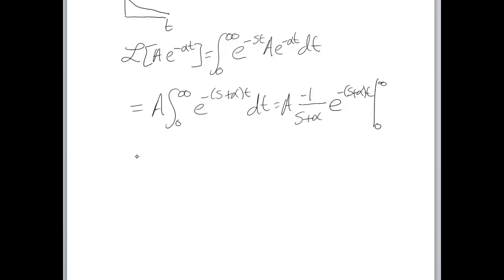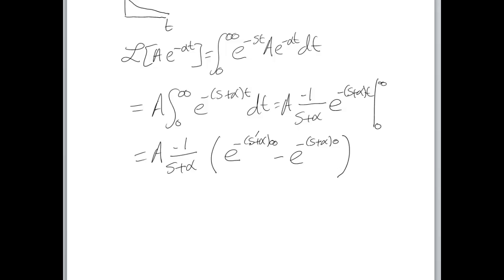Now let's evaluate this term. So we have a times minus 1 divided by s plus alpha, and now we can evaluate these exponential terms. So we have e to the minus s plus alpha times infinity minus e to the minus s plus alpha times 0.